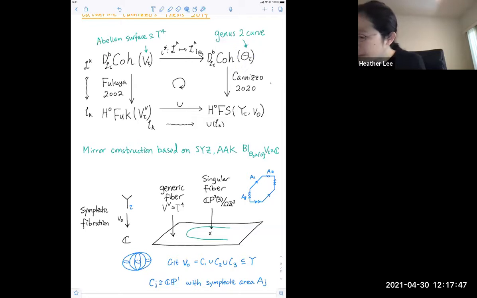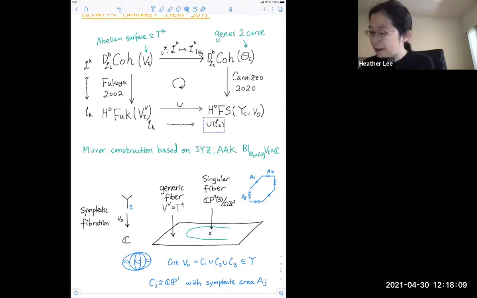Then this map here is: we take a Lagrangian in a fiber above this minus r radius r, and then we parallel transport it along a U-shaped curve in the base.